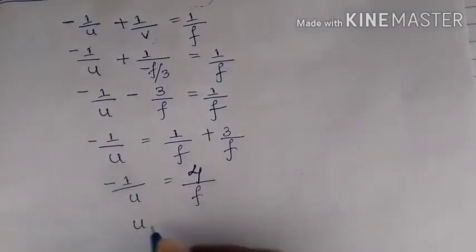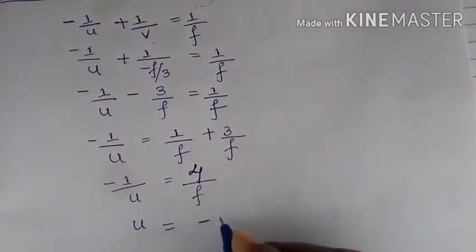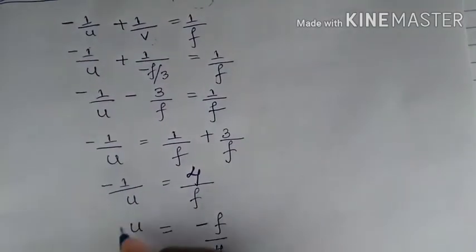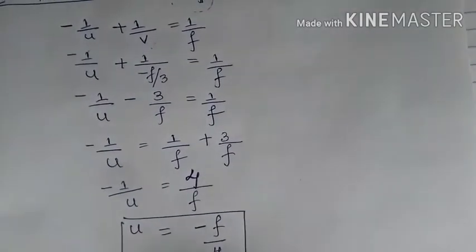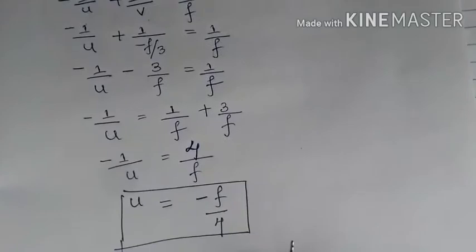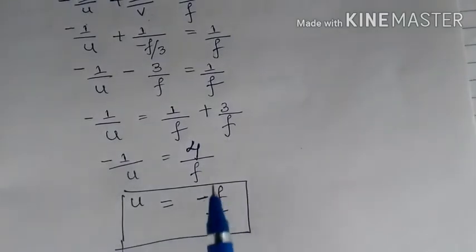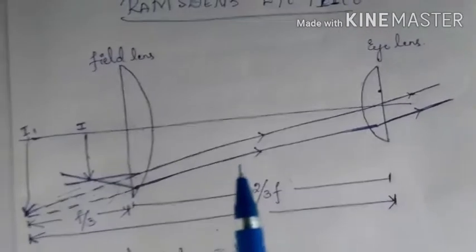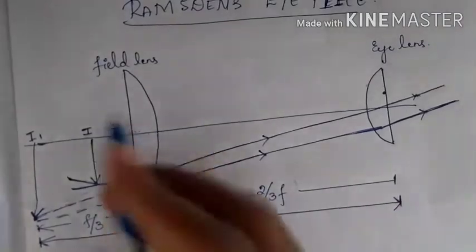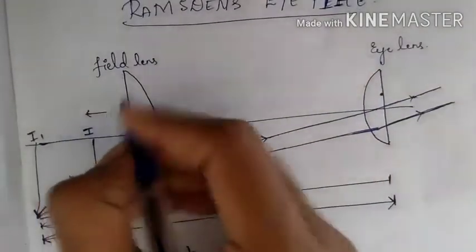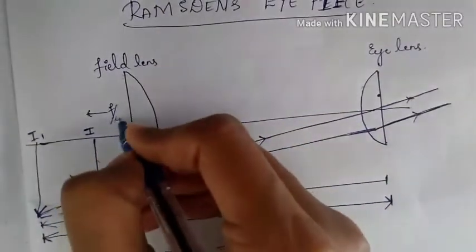So u will be what? u is equal to minus f by 4. So the image distance is at f by 4. The negative sign represents that it is in the opposite direction. So this distance from here to here is f by 4.